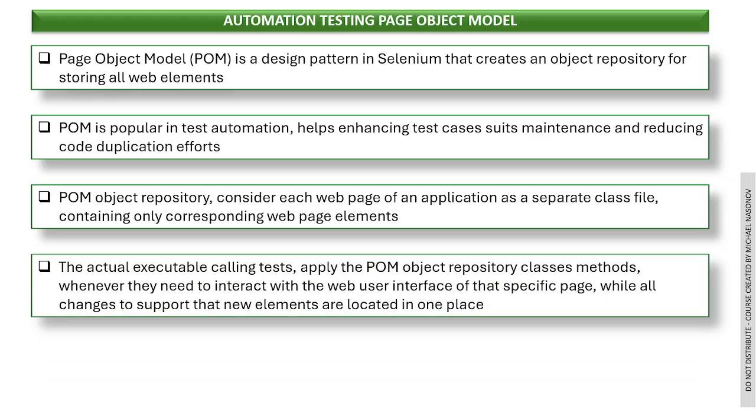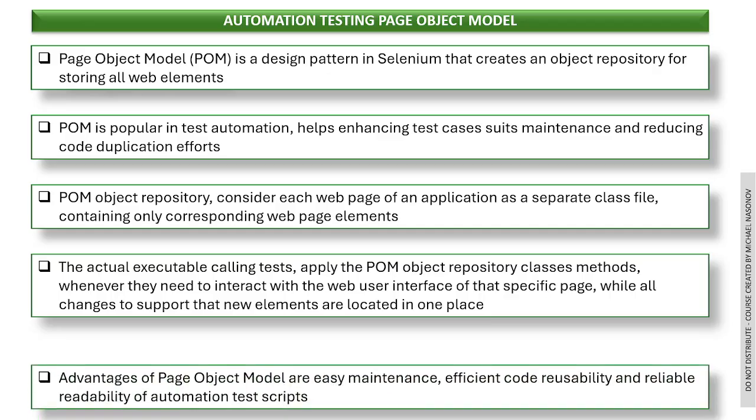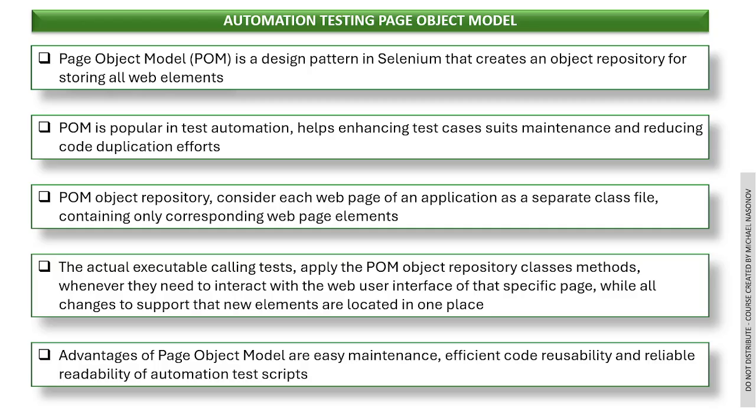The actual executable tests call the POM object repository class methods whenever they need to interact with the web user interface of that specific page, while all changes to support new elements are located in one place. Advantages of page object model are easy maintenance, efficient code reusability, and reliable readability of automation test scripts.